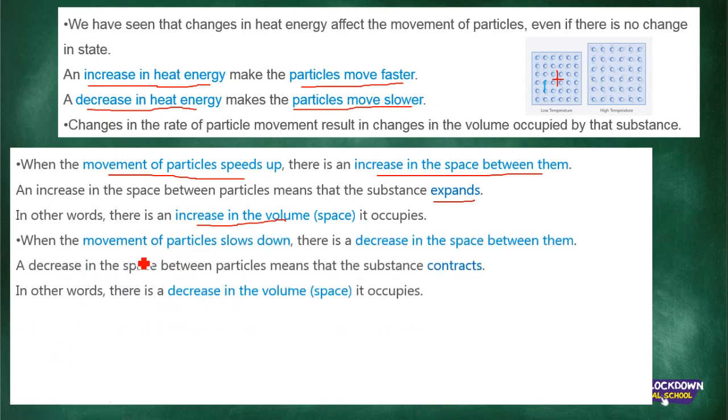Okay, so when the movement of the particles slows down, there is a decrease in space between them. You can see that the spaces between the particles decreased. A decrease in the spaces between the particles means that the substance contracts. In other words, the volume decreases.